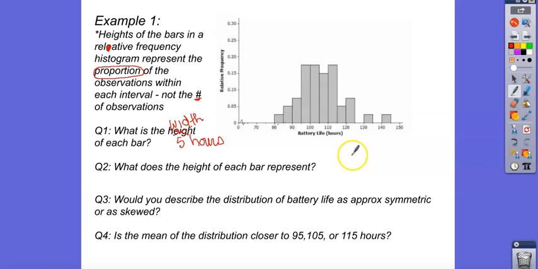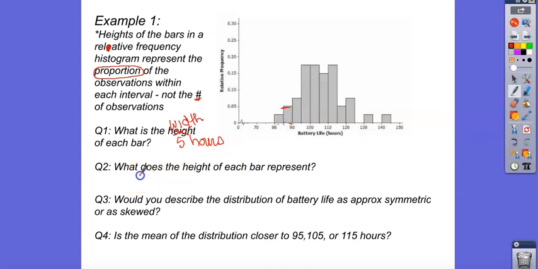Okay, now let's talk about what the height represents. That's where this proportion comes in. It says the proportion of all batteries with a life in the interval corresponding to the bar. For example, approximately 0.05, okay, of the batteries last between 85 and 90 hours.